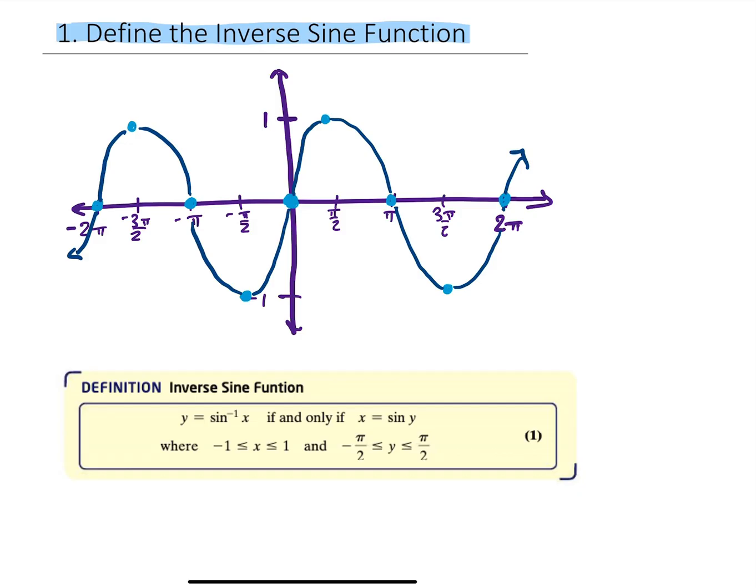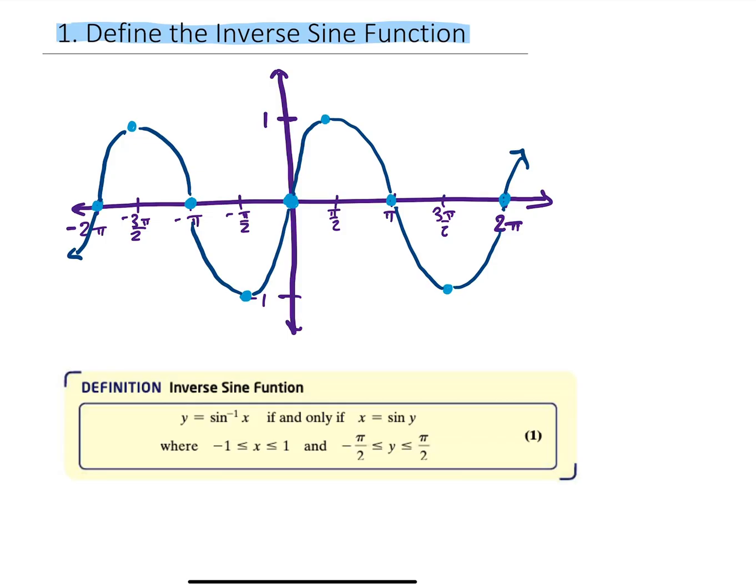And so if we were to draw a horizontal line, it would fail the horizontal line test in infinitely many points. It's going to keep hitting the sine wave. So that means we can't take the entire sine function and invert it, but we can restrict the domain.